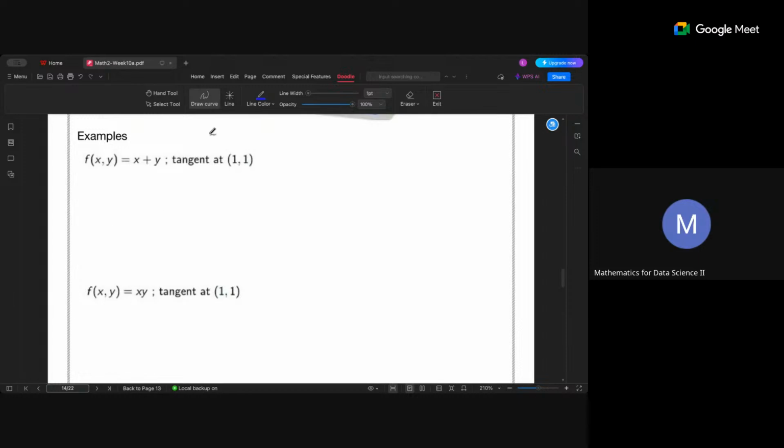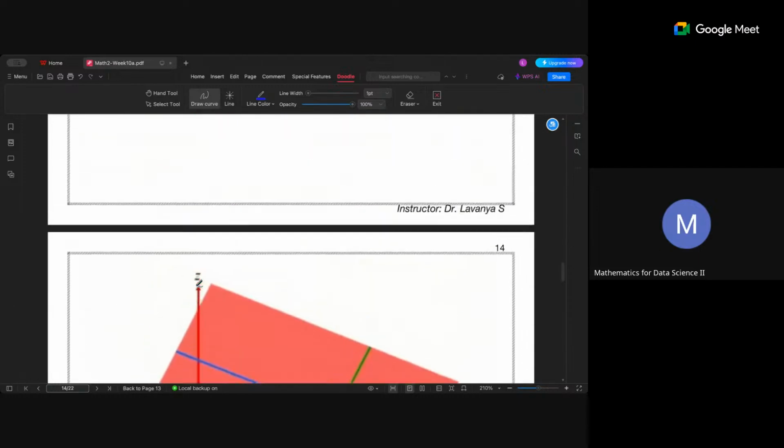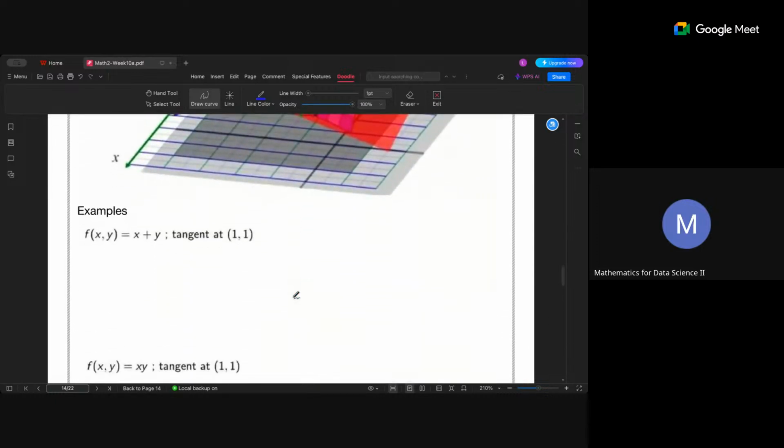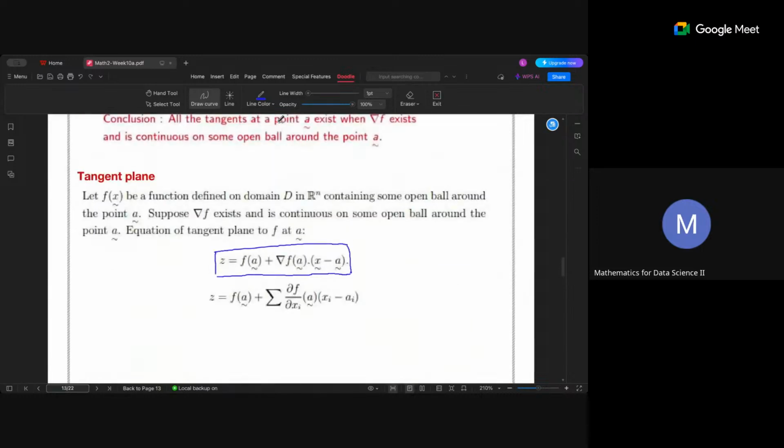So for these examples, find the tangent plane. This is the formula, everyone, you can write it down. Z is equal to f of a tilde plus del f of a tilde dot x tilde minus a tilde. Maybe here also instead of z, I will put w only, as you may confuse it with the z in the equation of f.